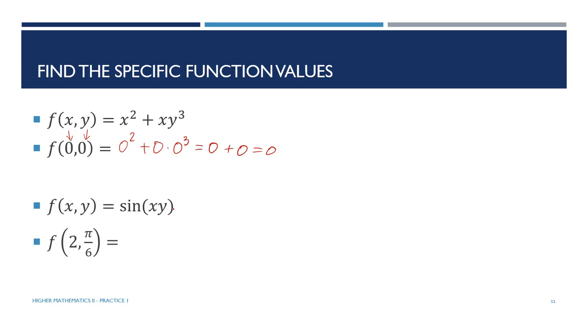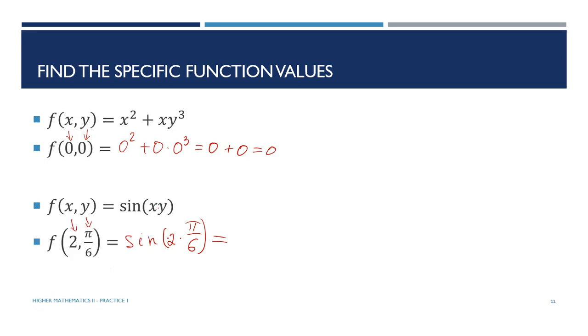F of x, y equals sine of x y. This is the given function. I need to find f of 2 and pi over 6. What is this? It's a little bit different than the previous one. The first one, up to this comma, is x again, and this one is y. Now it's clear. Let's write down the sine function. Instead of x, I'm writing 2. And if there is nothing, we'll think there is a multiplication sign, times pi over 6 equals.